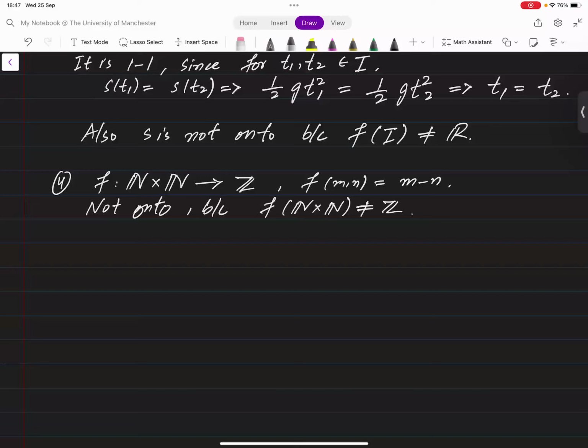This is equal to Z. Why? Because if you take all of the natural numbers and then you subtract them, eventually you will be getting all the integers.